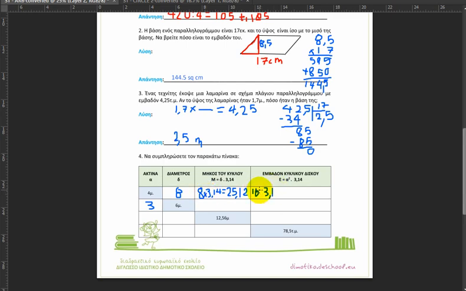Since we don't have any equations, we're not going to get confused. There's no reason to write it as a dot. So here we got to do 3.14 times 16. So let's do that.